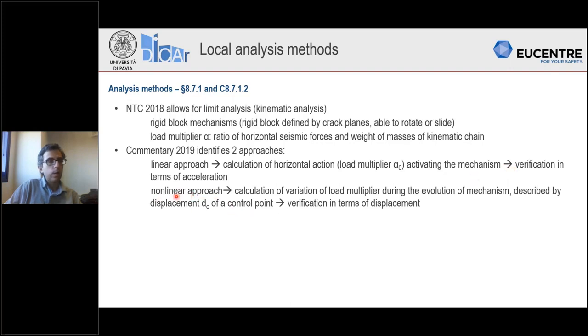Then there is also the nonlinear approach, which consists in calculating the variation of the load multiplier during the evolution of the mechanism, which is represented by the displacement of a control node of the mechanism. In this case, verification has to be performed in terms of displacement. Now, in this webinar, we'll focus only on the linear approach, sorry.